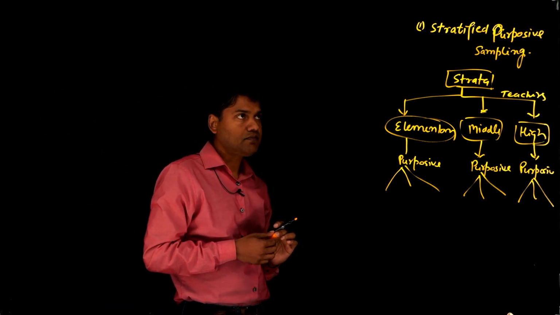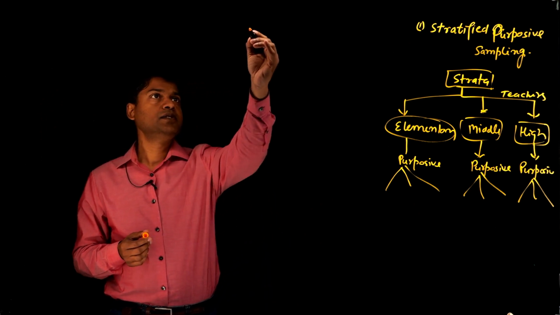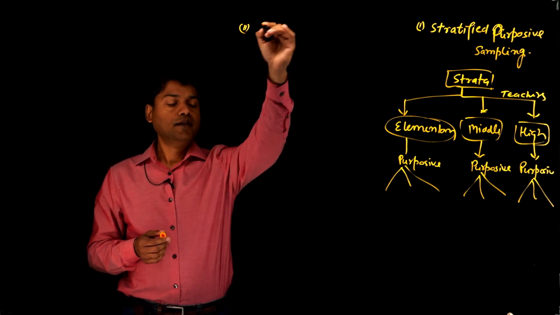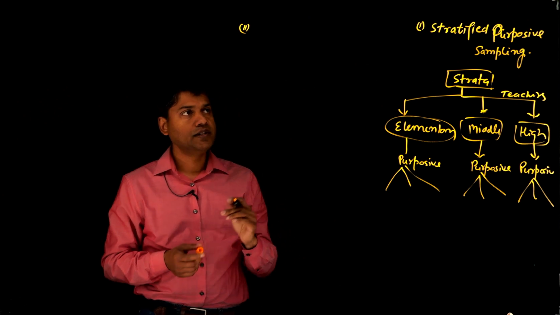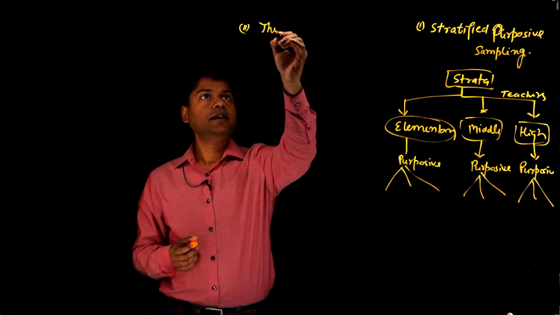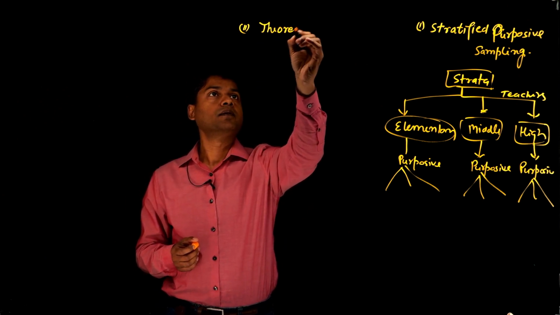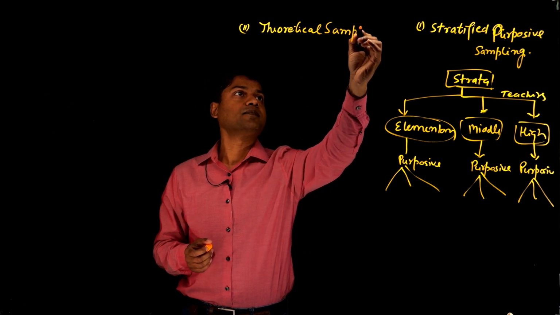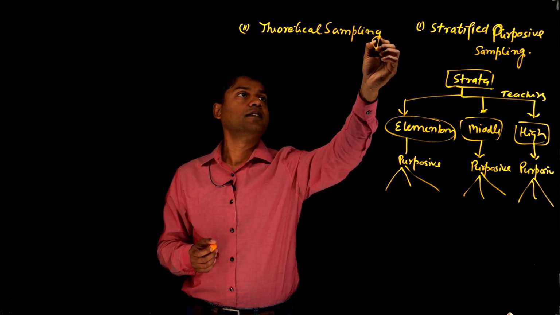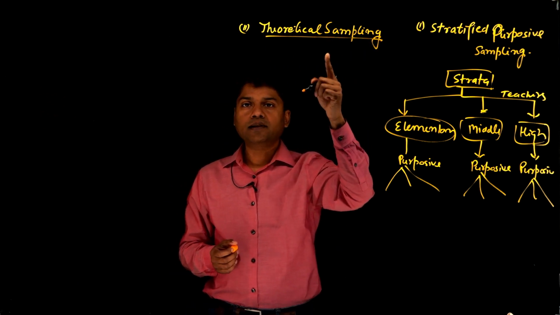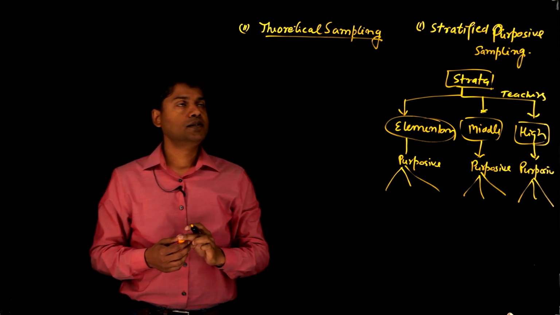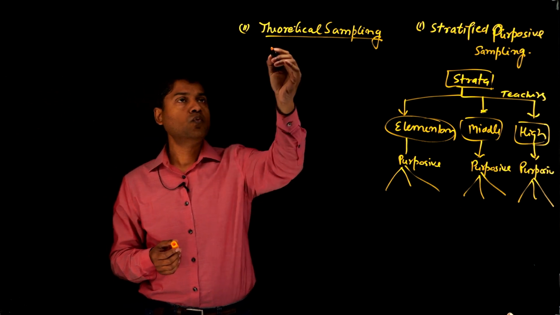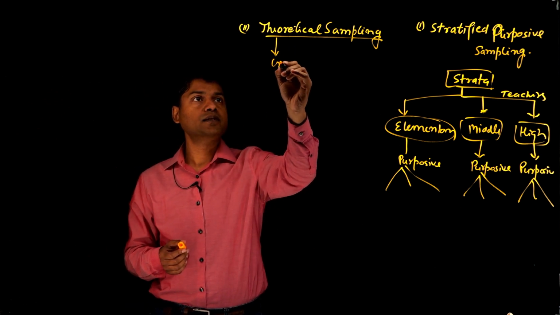Another strategy which is used in qualitative research is called theoretical sampling. This strategy is only used in one qualitative tradition, which is grounded theory.